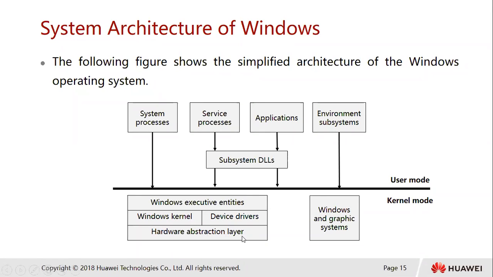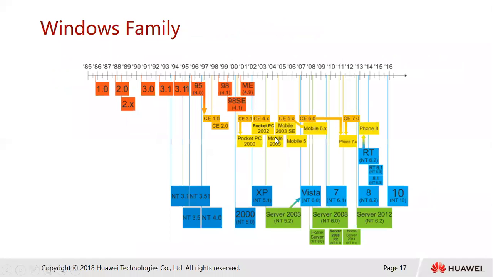This is the layer which separates the kernel from the hardware. And then, of course, we have the Windows and graphic system, which we use for the graphical interface.